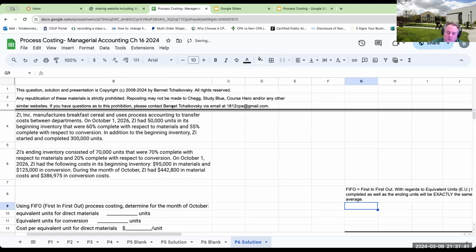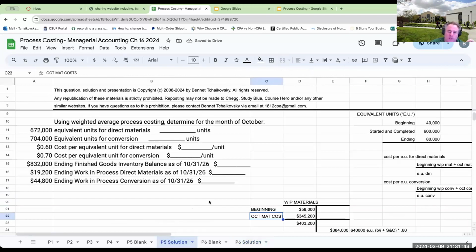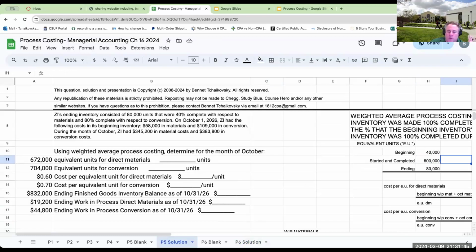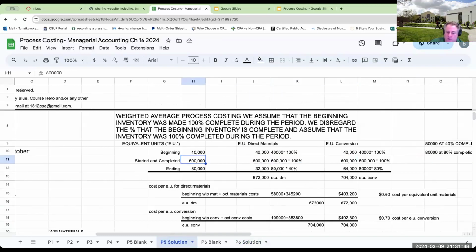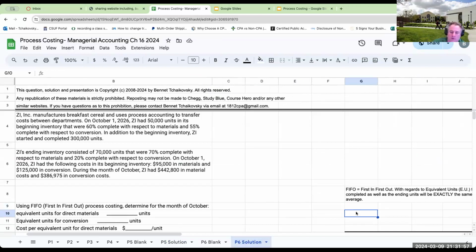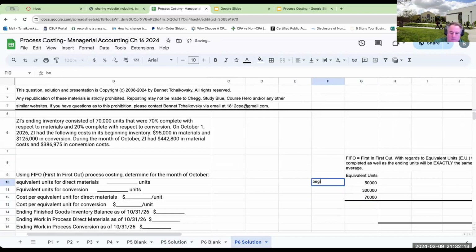Very important. So coming over here, when we're looking at our equivalent units, we had 50,000 in the beginning, 300,000 that were started and completed, and then 70,000 in the ending.